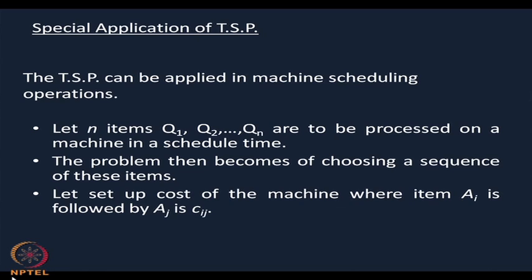So, we are assuming the setup cost of the machine where item ai is followed by item aj is cij. So, basically now we are telling what the cost is. In terms of cost, from item ai to item aj the cost is cij.